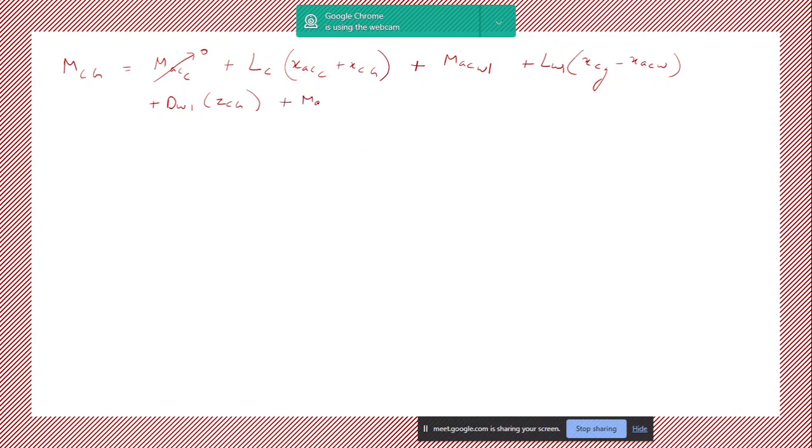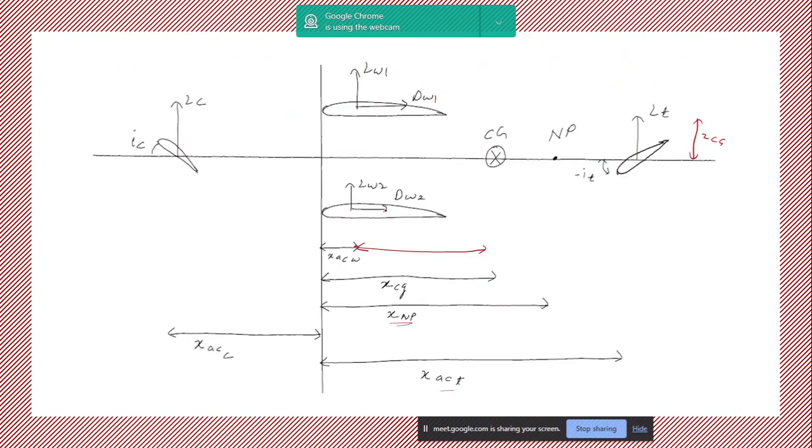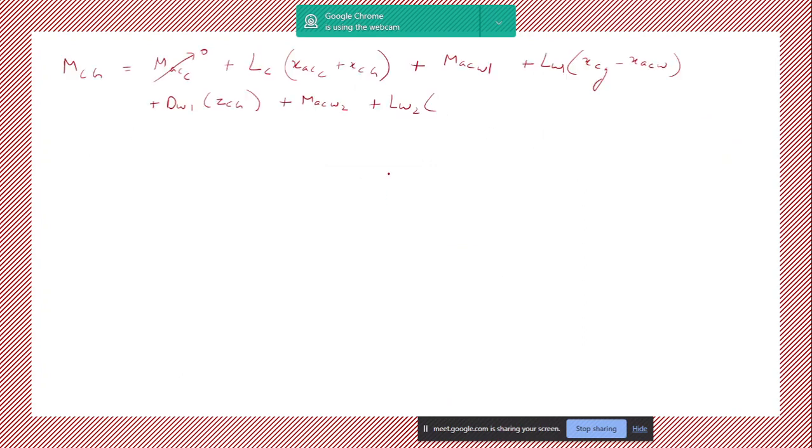Then the second wing is MAC wing 2 plus lift on wing 2 into, it'll be the same direction, right? Moment will be in the same direction for wing 2 also. So it will be XCG minus XAC wing, right?